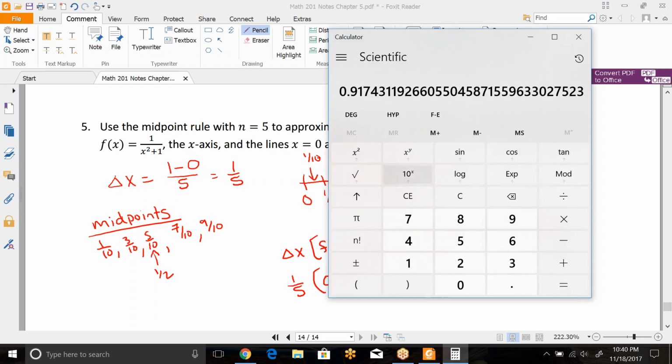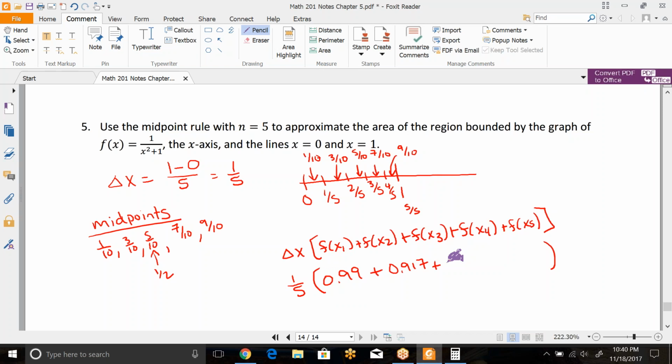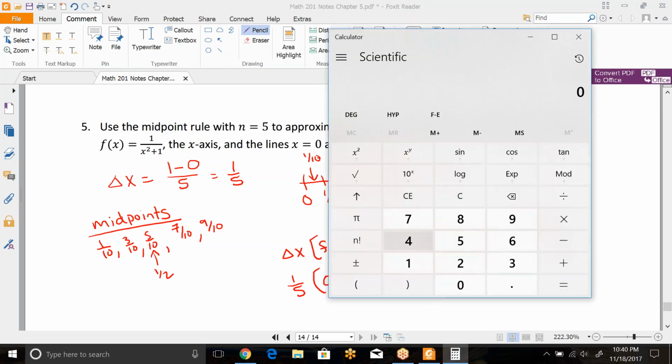Plus, let's do a half. So 1 divided by 1/2 squared plus 1. That is 0.8. Now we're plugging in 7/10, squared plus 1.